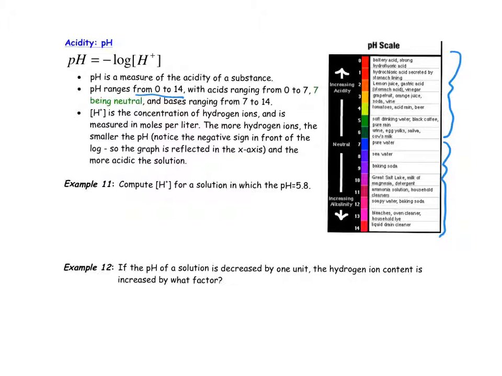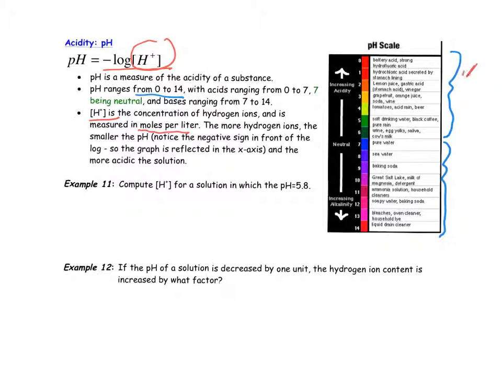neutral. If we take a look at the formula up here, we'll see that the pH is given as negative log of this thing here, which means it's the concentration. This H plus down here is a concentration of hydrogen ions in a substance, and it's measured in moles per liter. So the more hydrogen ions in a substance, the smaller the pH, right?